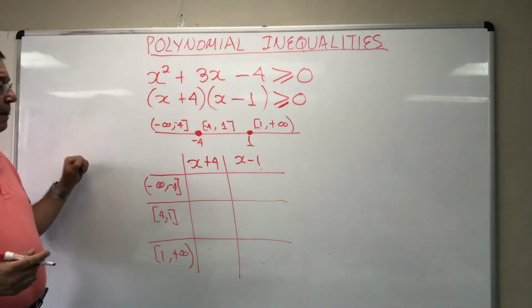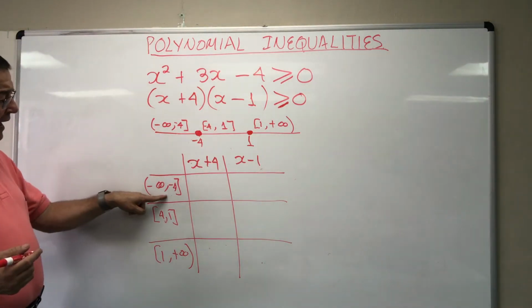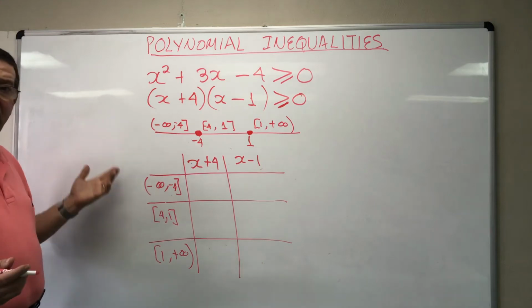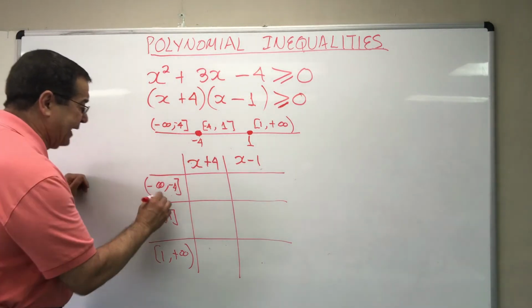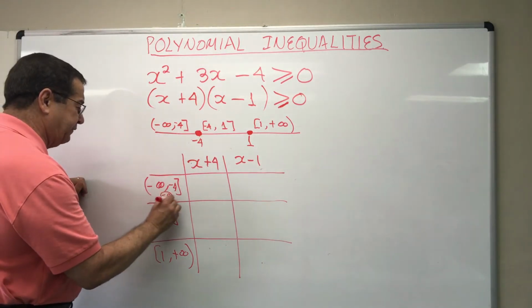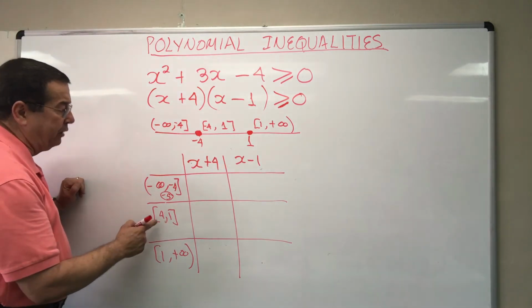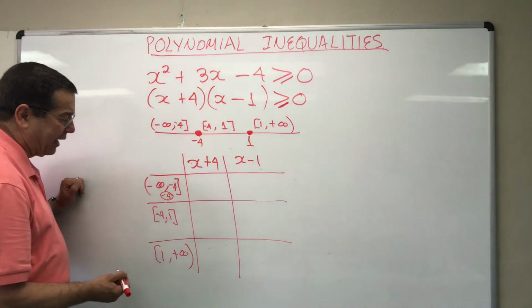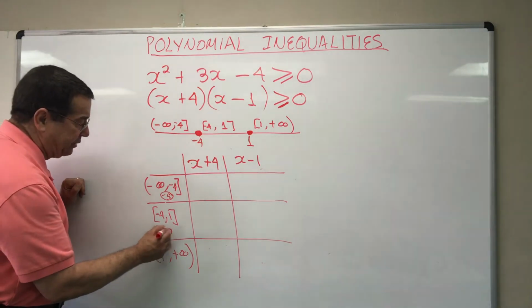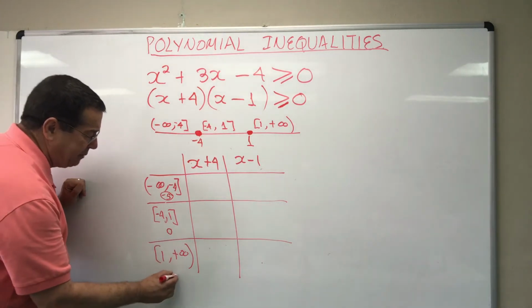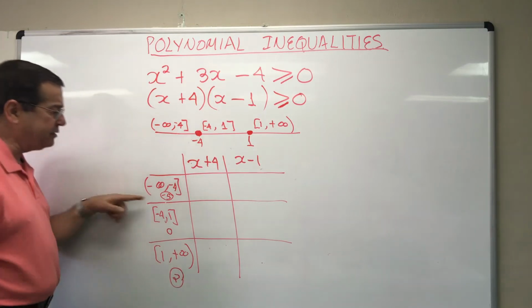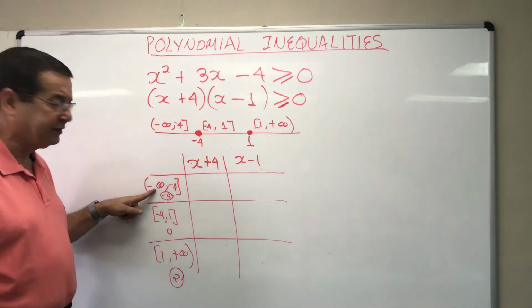Now select any number less than negative 4, for example negative 5. Between negative 4 and 1 you can select 0, and greater than 1 maybe you select 2, whatever. These numbers belong to these intervals.